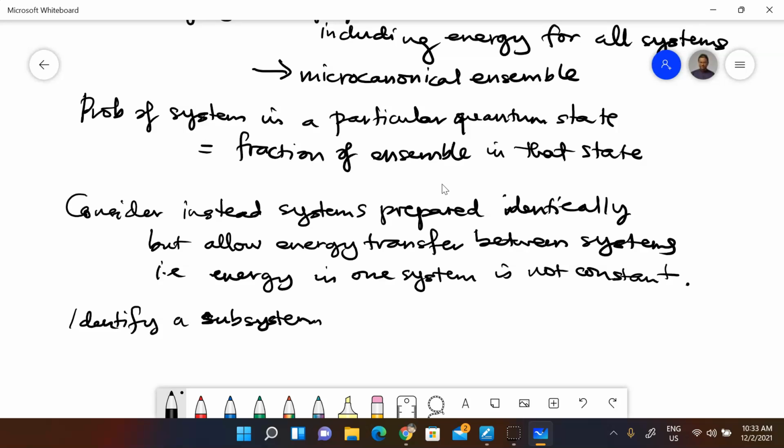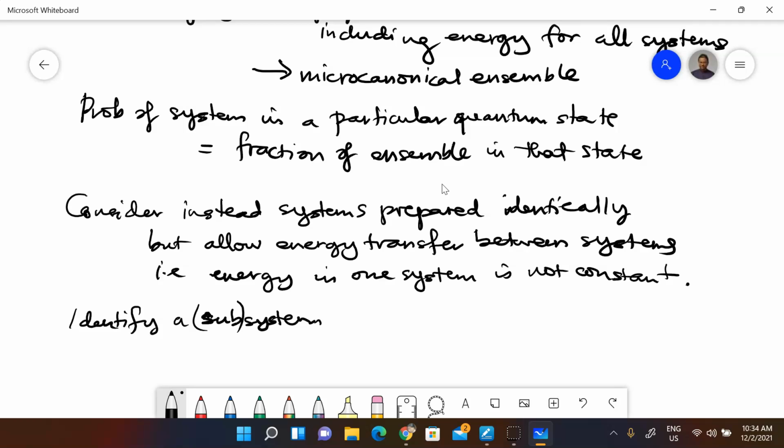Okay, I should put a bracket, I suppose. I'm talking about system in ensemble, and then I talk about subsystem. It can be confusing. But the idea is you look at the ensemble, you have systems which are prepared identically but allow energy to be transferred between the systems.